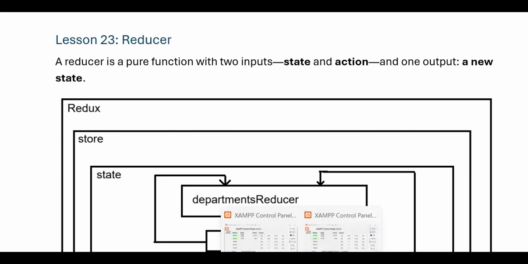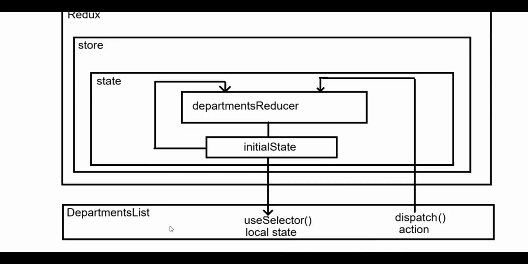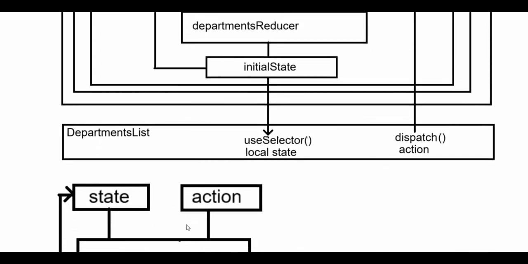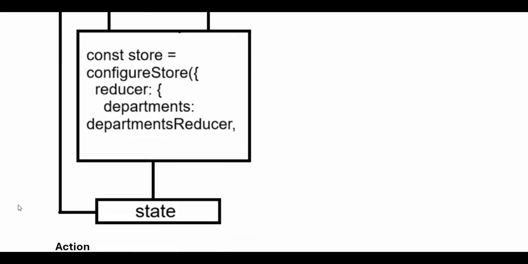Lesson 23. Reducer. A reducer is a pure function with two inputs, state and action, and one output, new state. Here is a diagram where we see the Redux store, state, departments, reducer. On this diagram, only the reducer is shown. Input: state and action.